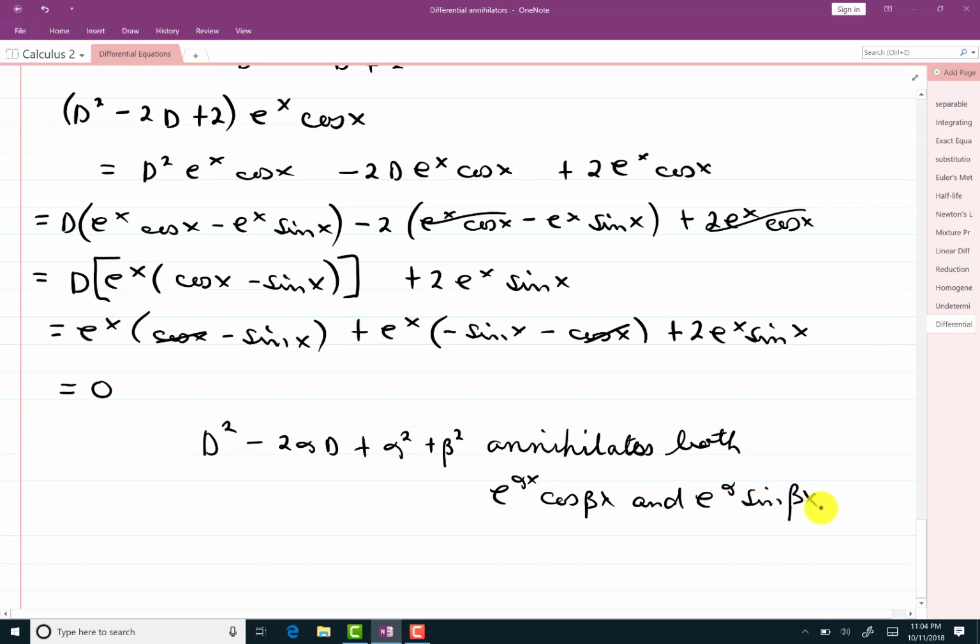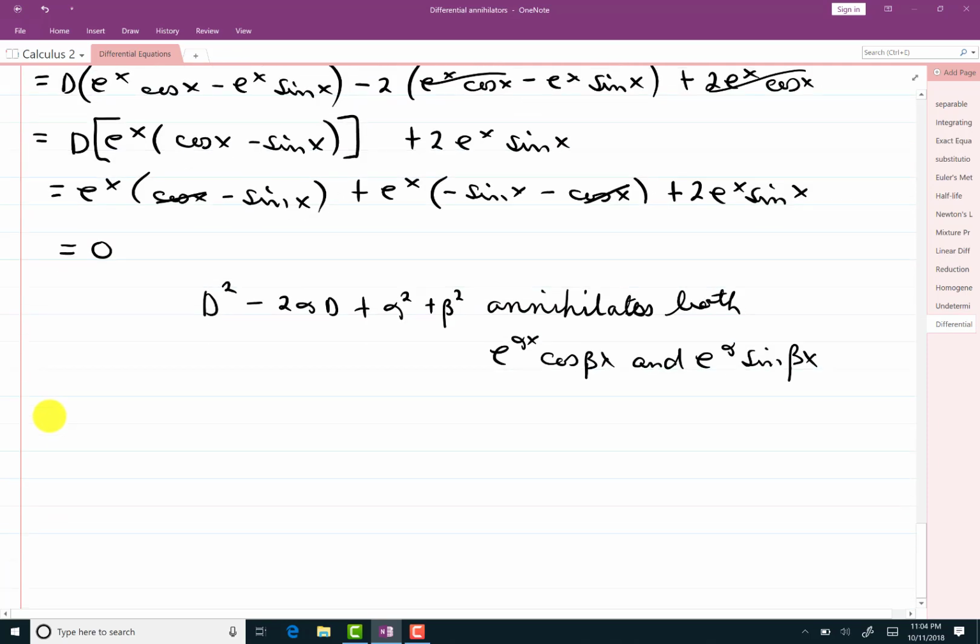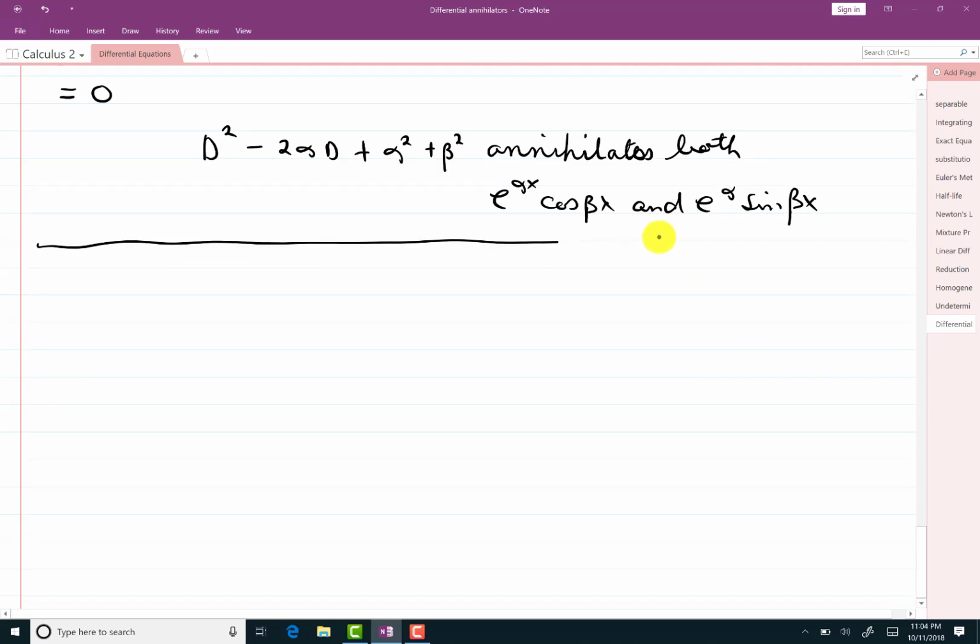And it will annihilate any linear combination of those things as well. Annihilate, let's say, x squared e to the x.